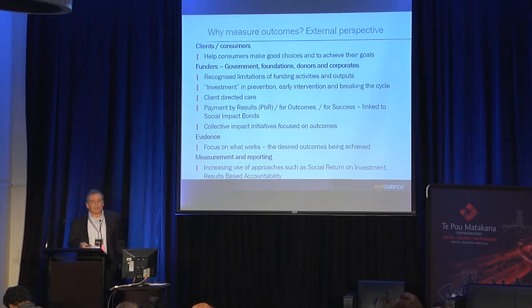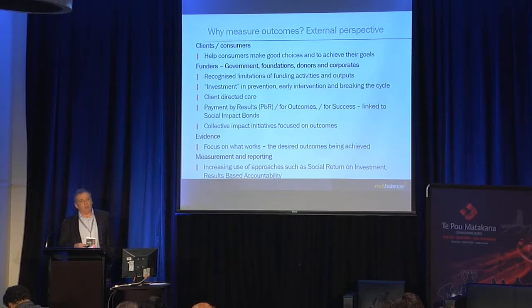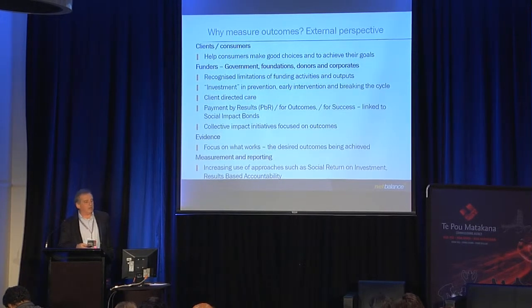Now, when we talk about why measure outcomes, one of the things which we've noticed over the last 12 to 18 months is how important it is for those people who have a particular problem with their lives to have some form of choice in terms of which service to use.